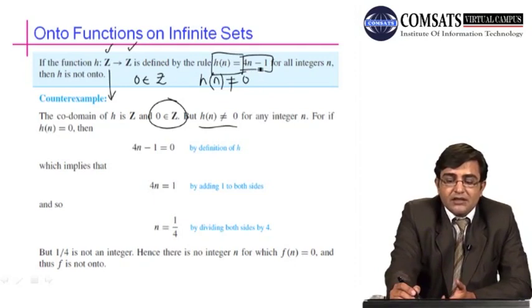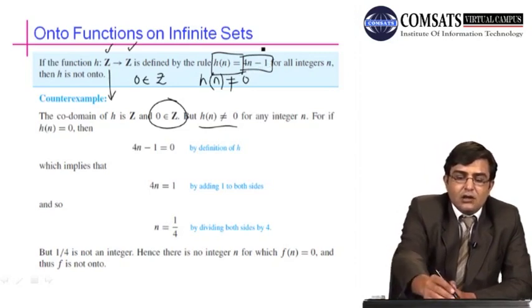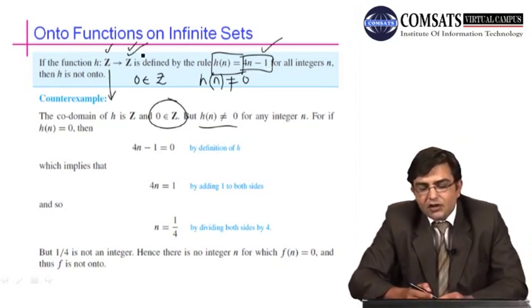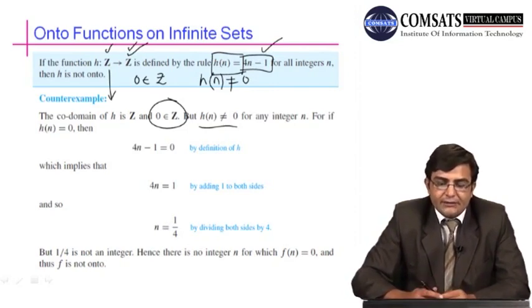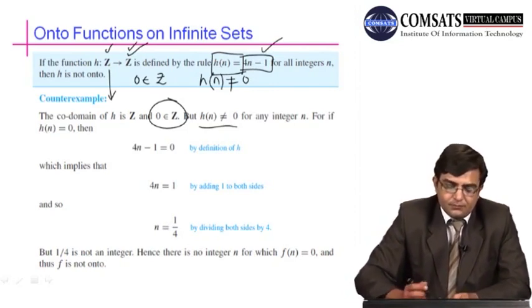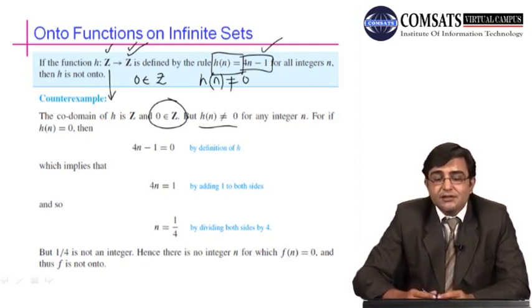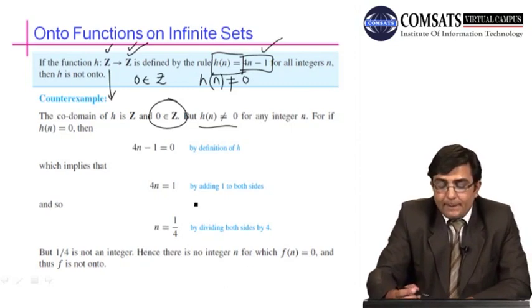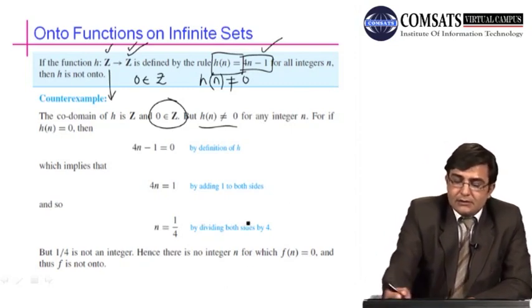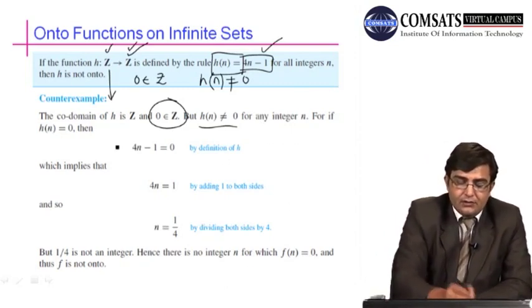If you put -1, then you get -5. We shall never get 0 in this set. So 0 is an extra, or you can say not utilized element in this set. So therefore this function is not onto. Or we can prove it like this.